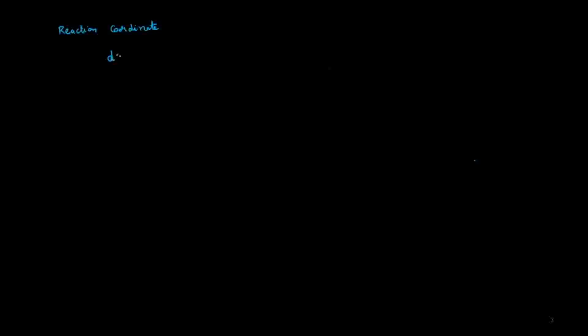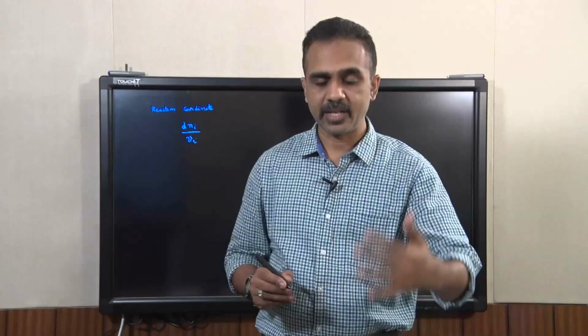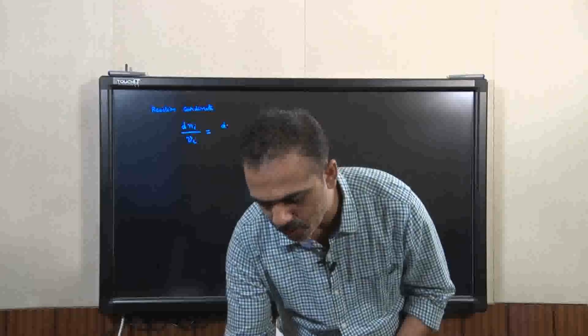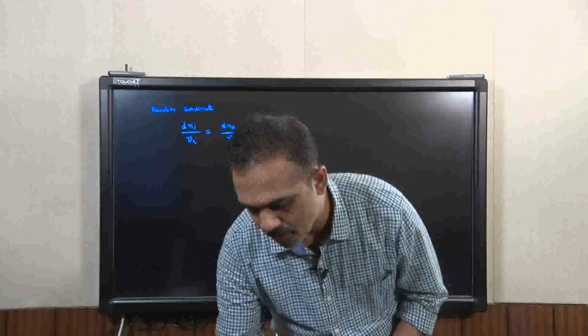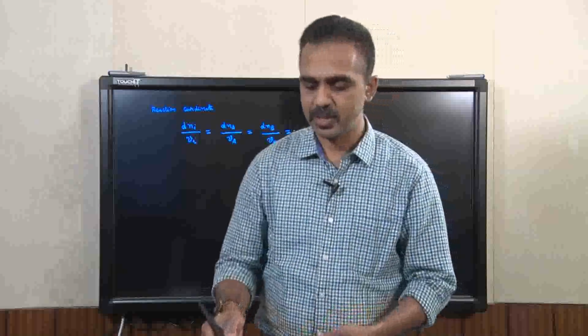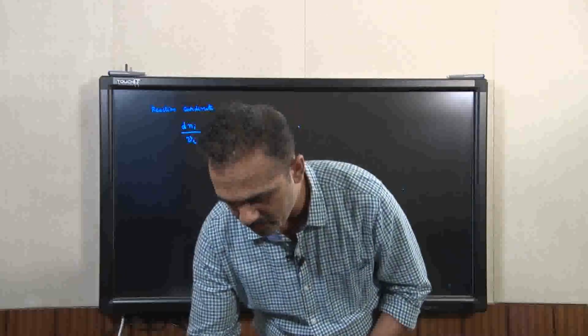The way we define the reaction coordinate is by defining the quantity dNi over nu i, where dNi is the change in number of moles and nu i is the stoichiometric number. It's positive for products, negative for reactants, etc. And this quantity, as it turns out, is going to be constant irrespective of what species we are considering. If that species is present in the reaction, then this quantity is going to be constant.